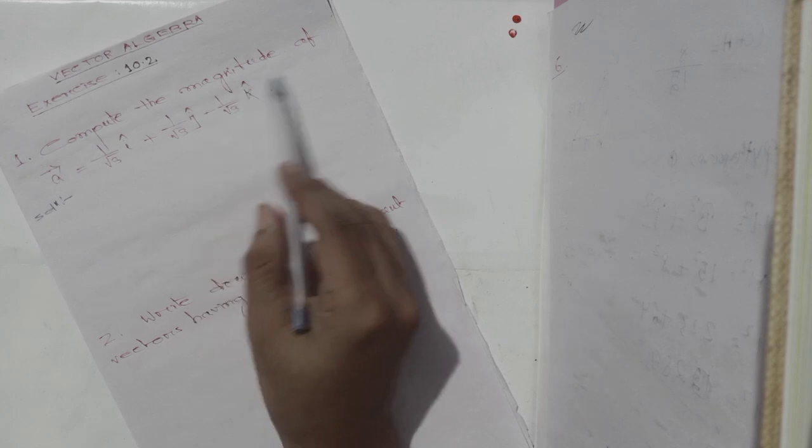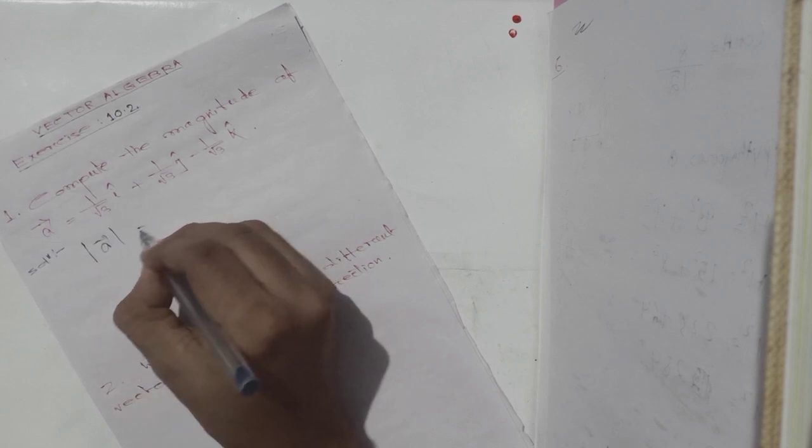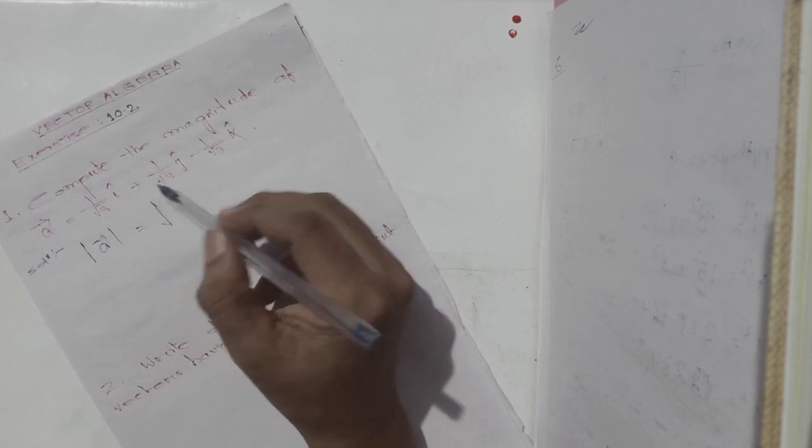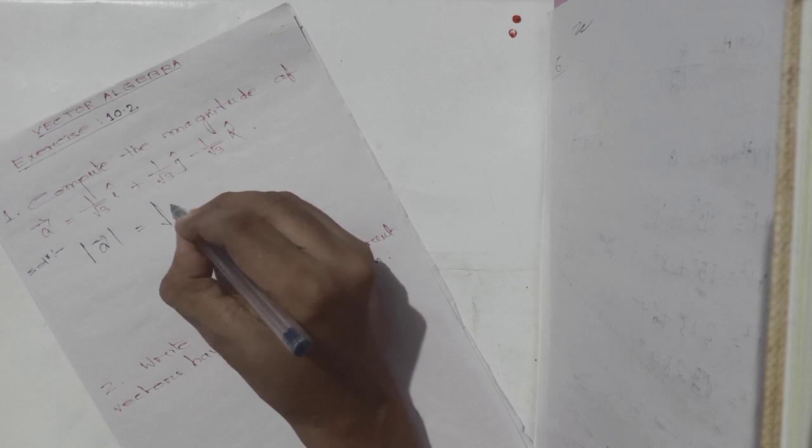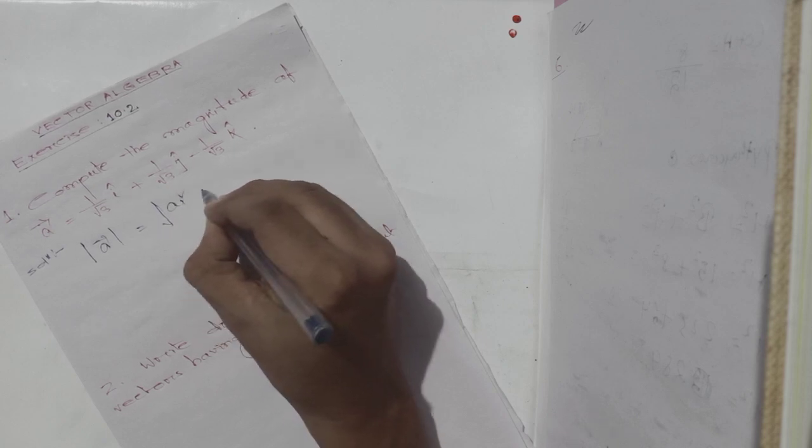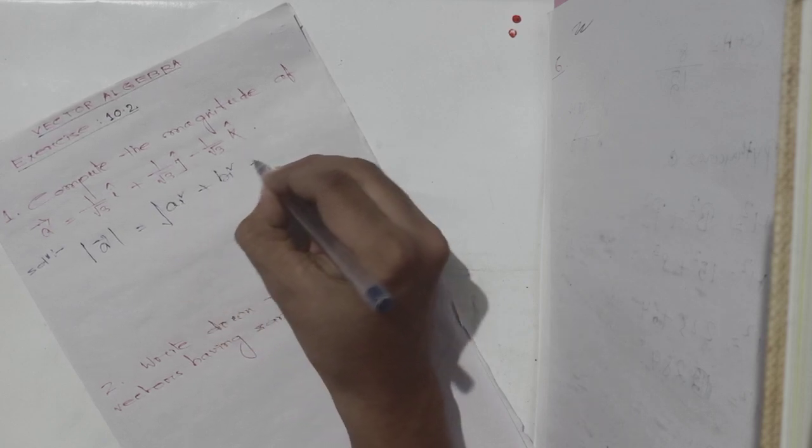So students, I hope all of you understood. Next, I am going to solve a few questions from exercise 10.2. The first question is, compute the magnitude of A. The magnitude of A will be root over A1 square plus B1 square plus C1 square.